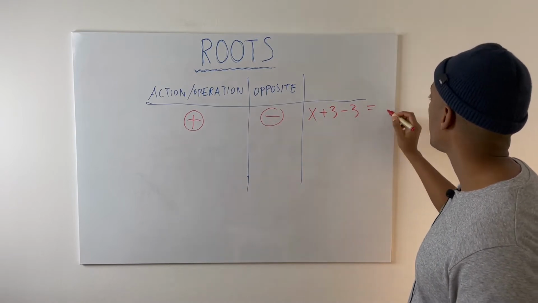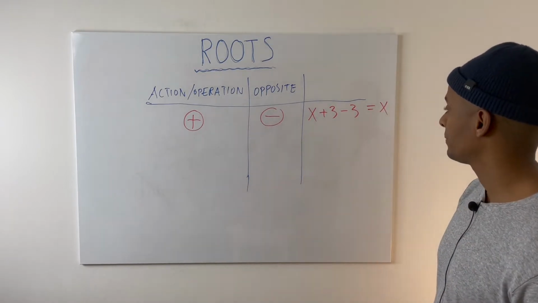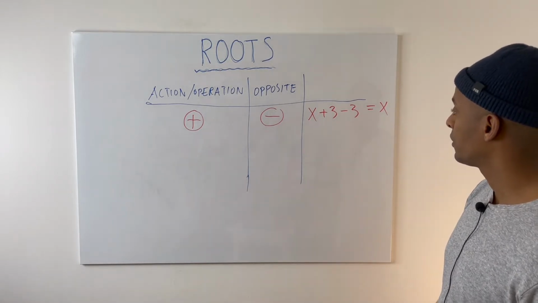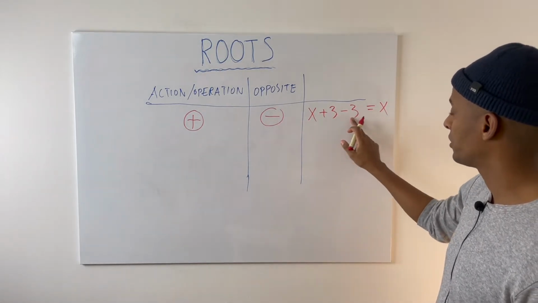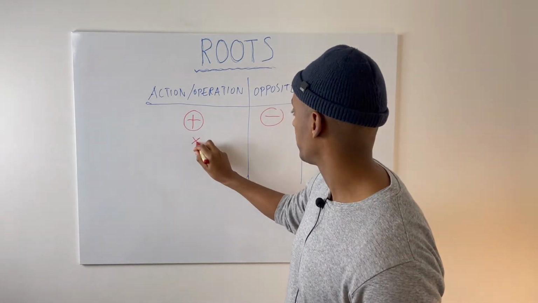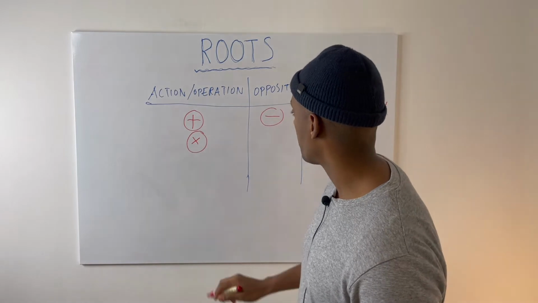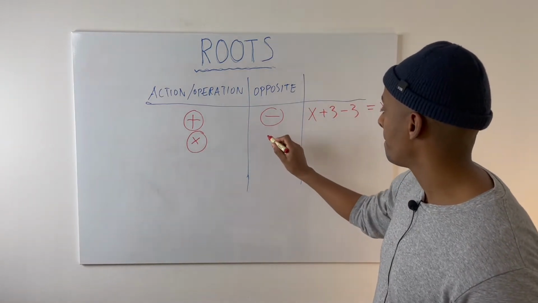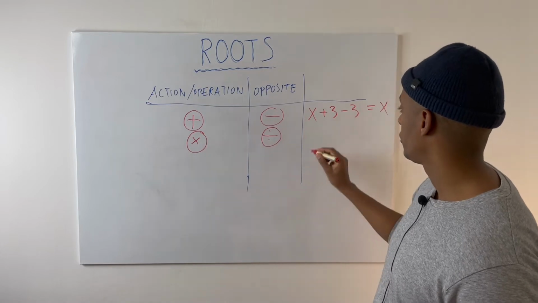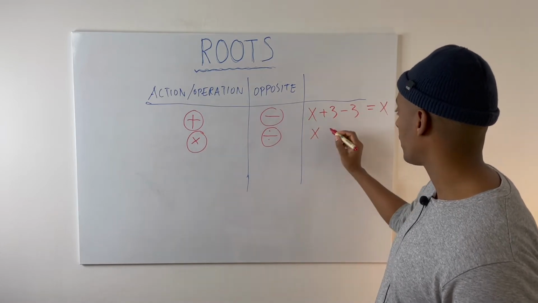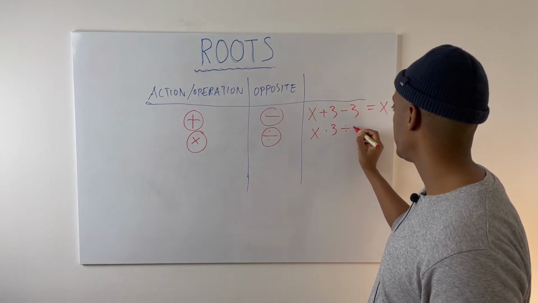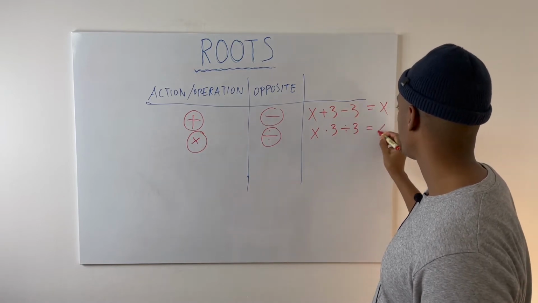So we end up with x. So the addition and subtraction cancel out. Similarly, if we do multiplication, the opposite to multiplication should be division. So if we take x, we multiply it with 3 and divide it with 3, we get x back again.